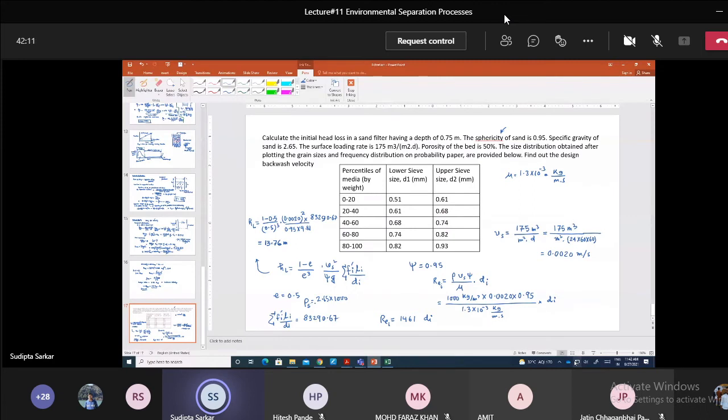Is it the Darcy-Weisbach equation we use in fluid mechanics to calculate? Yes, this is the Darcy-Weisbach equation.